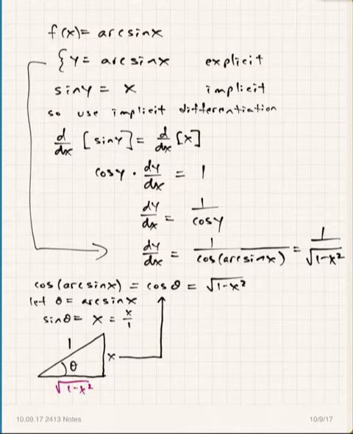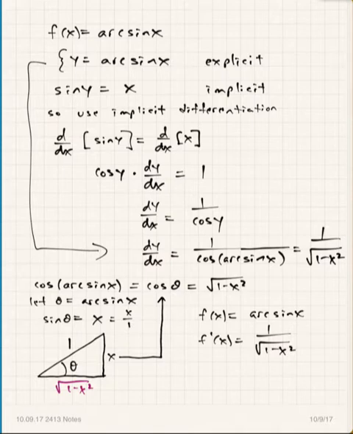So what we've just derived is that if f of x is arc sine x, then f prime of x, or dy dx, is equal to 1 over the square root of 1 minus x squared, right? And there's our derivative. All right, so that's our first property here.